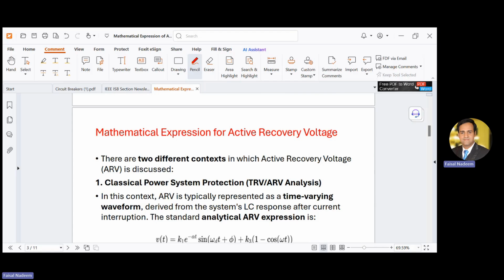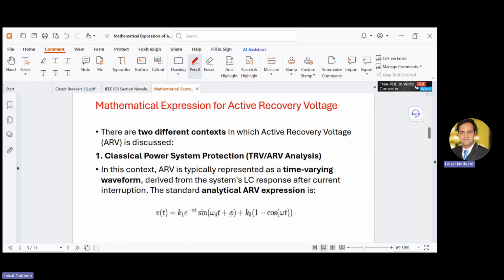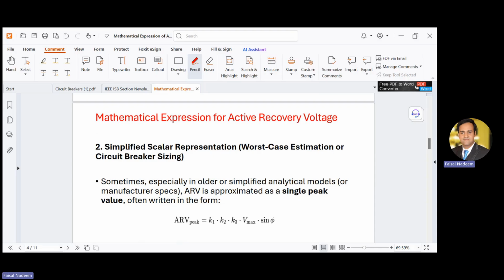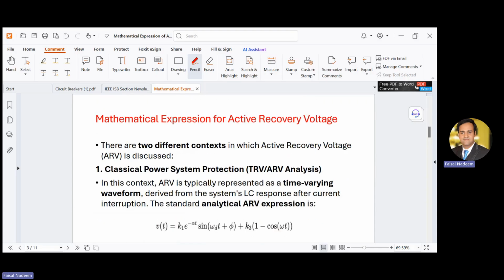While discussing the mathematical expression for active recovery voltage, we usually discuss it in two contexts. One is classical power system protection, and the other one is the simplified scalar representation of the active recovery voltage. In the classical power system protection context, the active recovery voltage is typically represented as a time varying waveform.